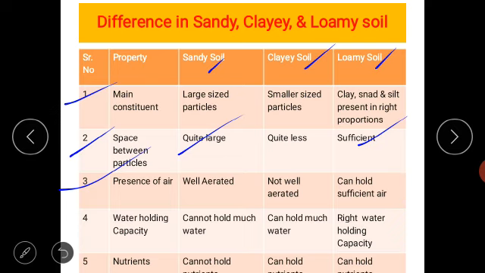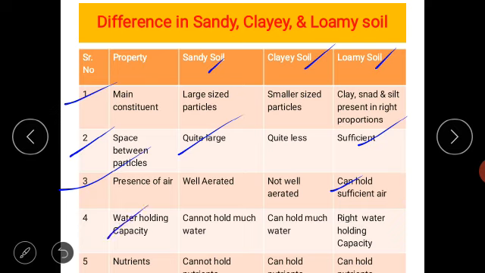That is why aeration is not possible in clay soil. Third, loamy soil can hold sufficient air because it's a combination of rocks, sandy soil particles and clay soil, so it can hold sufficient air in the spaces between the soil particles.